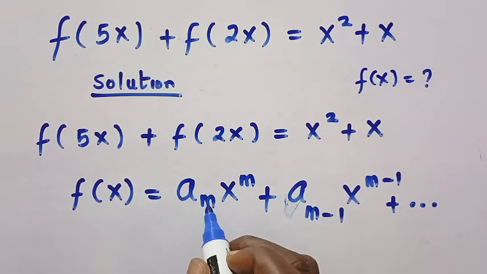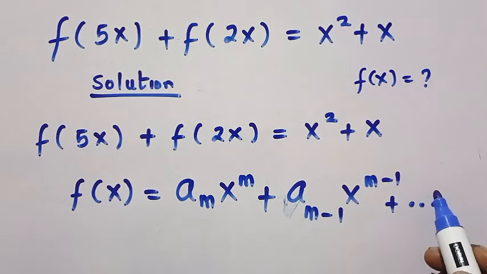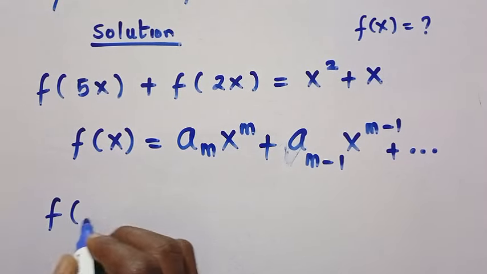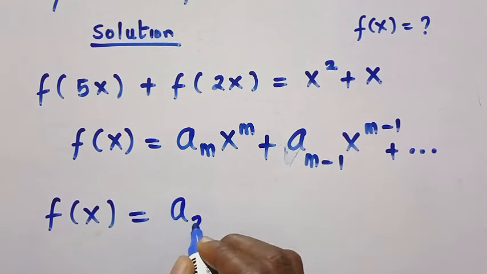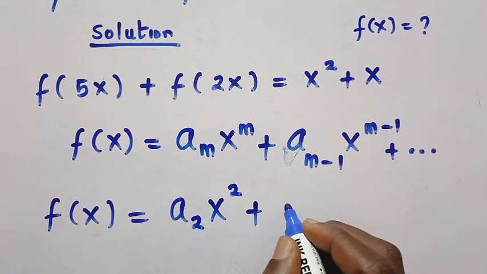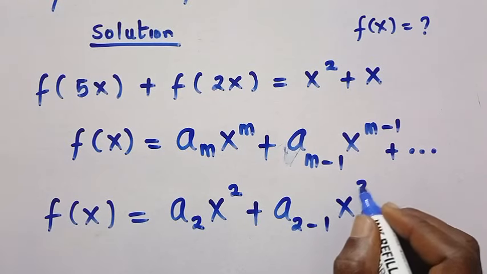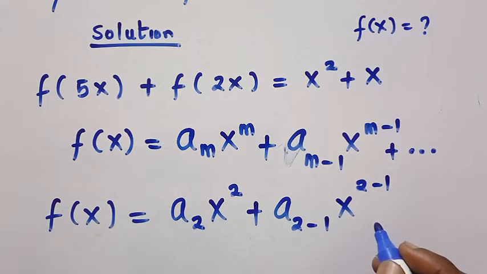So every single m starts from 2, then keeps decreasing to the last number. So here we have our new f of x equals a2 x raised to the power of 2, plus a(2 minus 1) x raised to the power of 2 minus 1. We keep going till we reach a0.